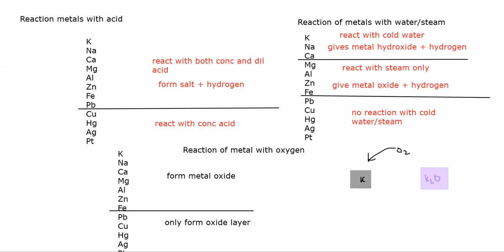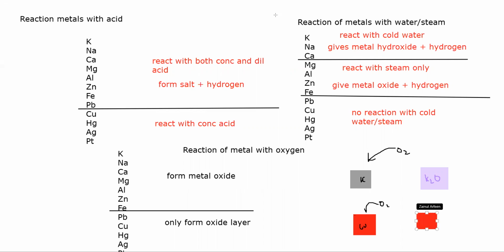For example, say copper. So this is copper. When copper reacts with oxygen in the atmosphere present in air, only the surface turns into copper oxide, and the remaining stays as copper.